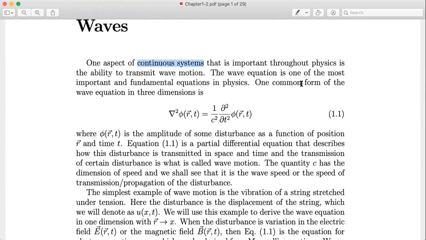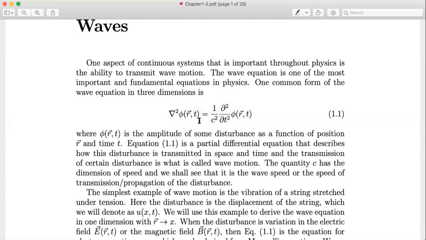The common form of the wave equation that we are going to see a lot is of this form: the Laplacian of a certain function, a function of space, this vector r, 3-dimensional in general, and time t, equals some constant I call 1/c squared here, times the second order partial derivative of that function with respect to time.